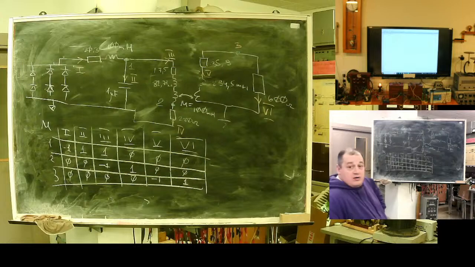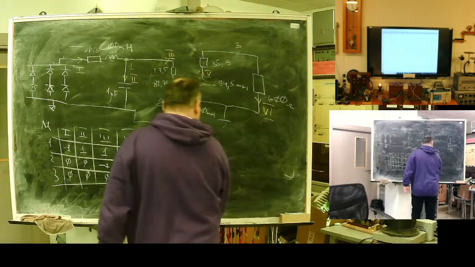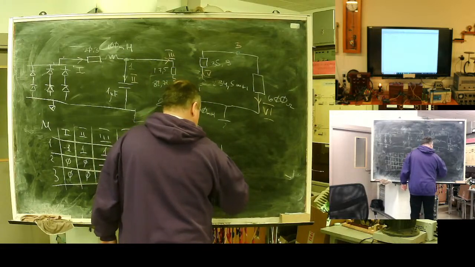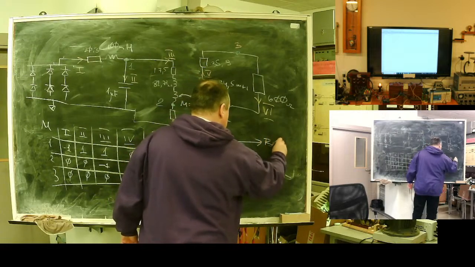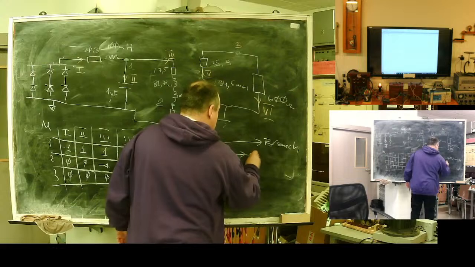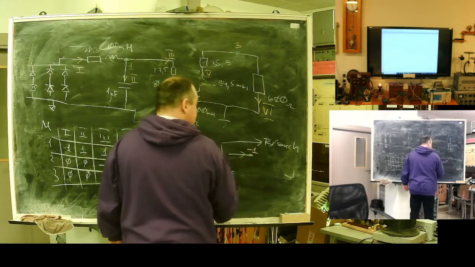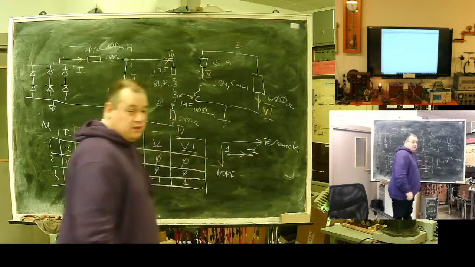Is it clear how I fill this matrix? It's very simple. Node, branch. If a branch inflows in a node, we write -1. If it runs from a node, we write 1. Very simple.